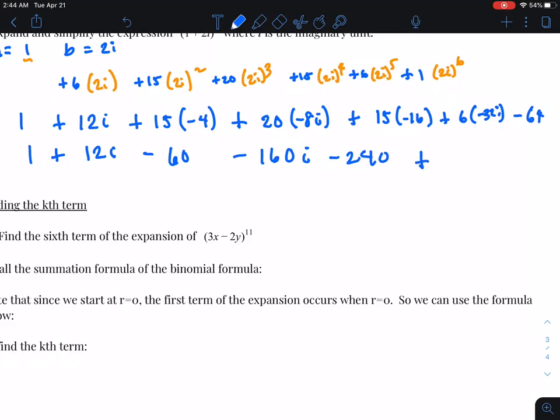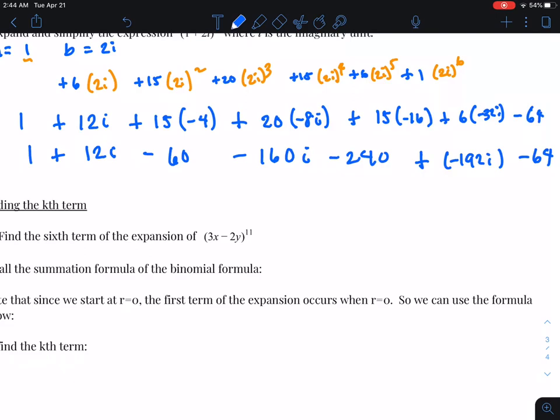Negative 32 times 6, it's negative 192i minus 64. Let's just combine all the other stuff. 1 minus 60 is 240.